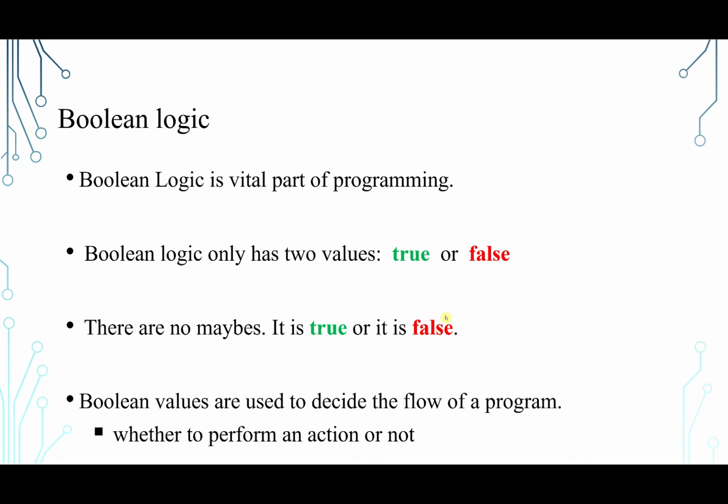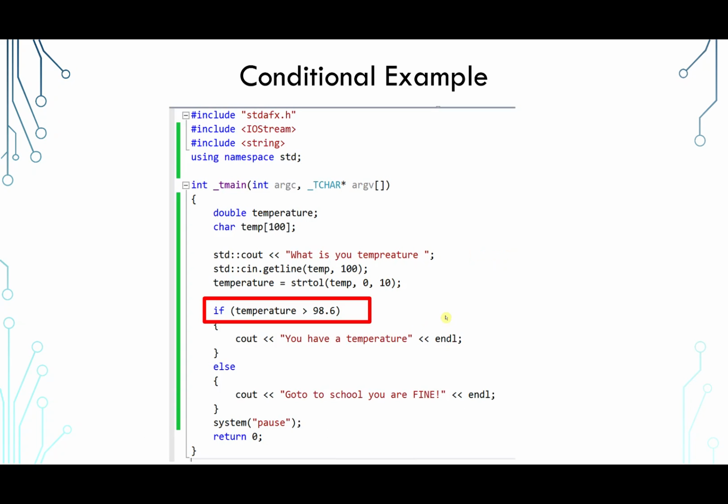Boolean values are used to decide the flow of a program, whether to perform an action or not, whether to continue going on with the loop or not, and so on. So here's a conditional example with an if statement, something you will learn in the future. If the temperature is greater than 98.6, then you have a temperature, you should go to the doctor.